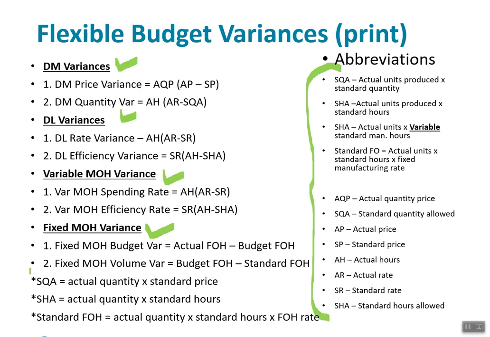And then these are the calculations on how to do these very important standard overheads allowed, or standard hours allowed for direct labor, and standard quantity allowed. So I would recommend highly that you print this individual slide off and have it in front of you when you do problems.